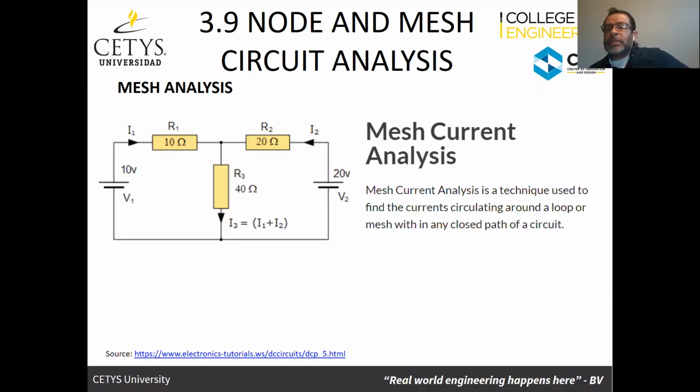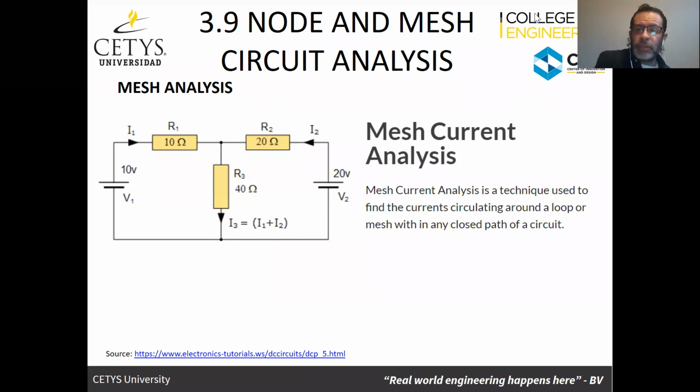So we've been talking about electrical circuits. First we talked about Ohm's law, which is basically the fundamentals for the analysis of circuits. Then we talked about Kirchhoff's laws, which are two laws that have to do with voltage and current in circuits. Kirchhoff's current law has to do with the conservation of current.